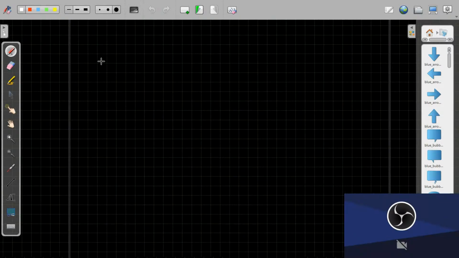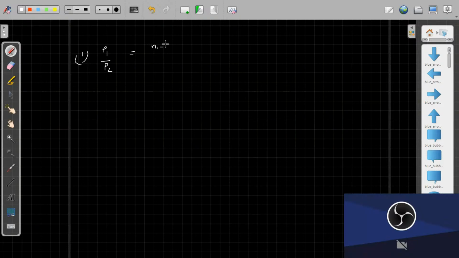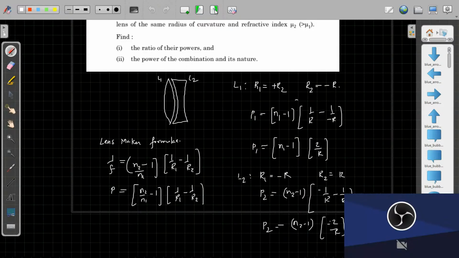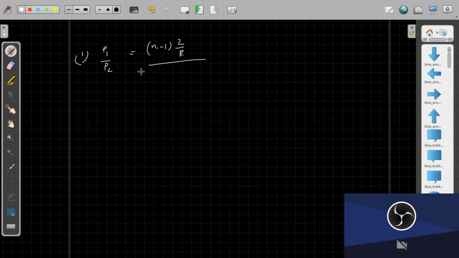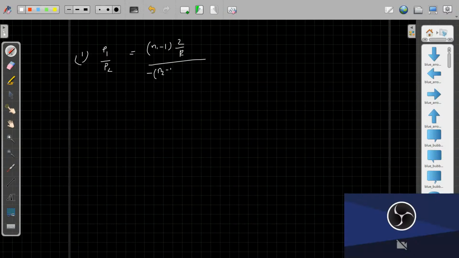First question, P1 by P2. So P1 by P2 would be what? Take the ratio: N1 minus 1 into 2 by R, divided by minus N2 minus 1 into 2 by R. So you can see everything gets cancelled.